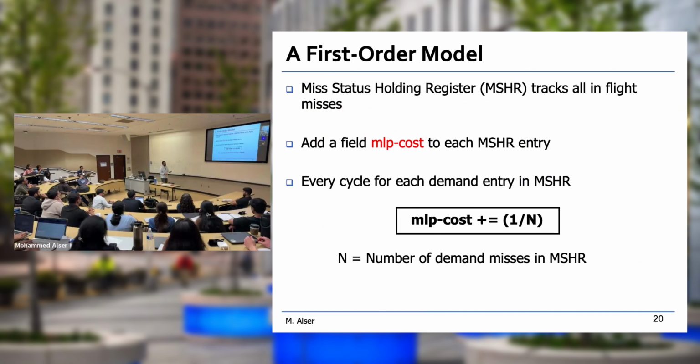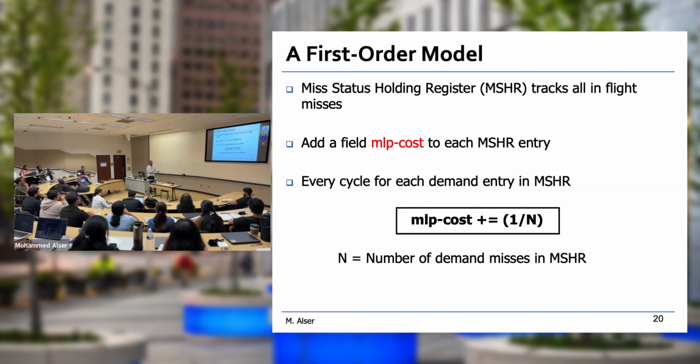So they have a formula for the cost that they are calculating. They said we can implement that as part of what is called in the cache the miss status holding register. This is already existing in the cache. It's a register storing the number of misses that we are facing. And they want to modify the hardware design of the cache itself.